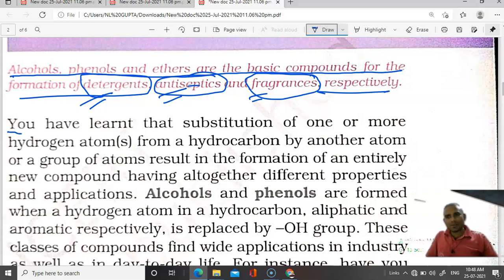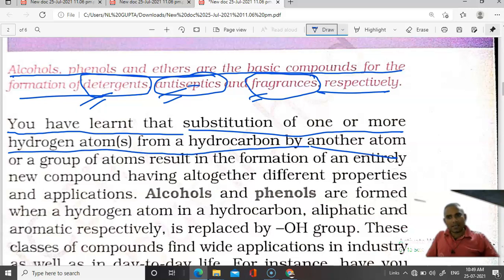Now, students, you have learned that the substitution of one or more hydrogen atoms from a hydrocarbon by another atom or a group of atoms results in the formation of entirely new compounds having altogether different properties and applications.